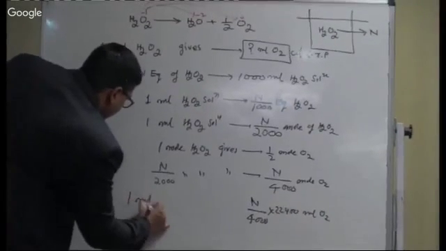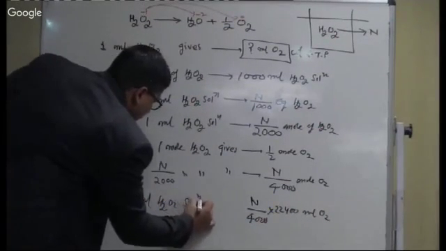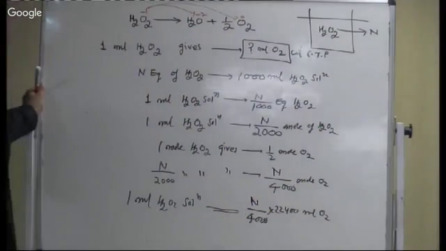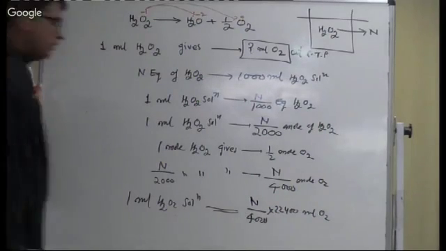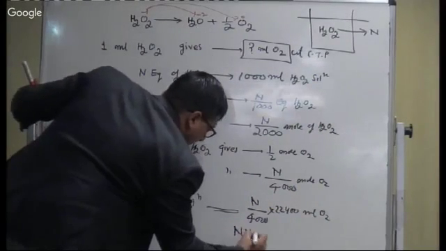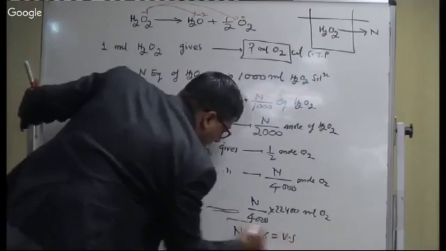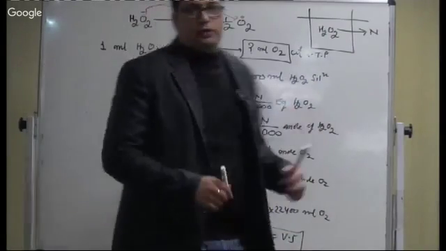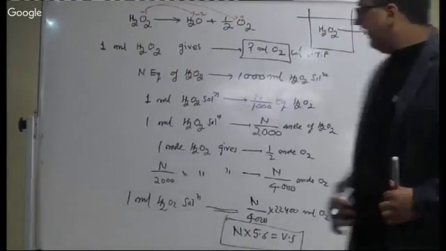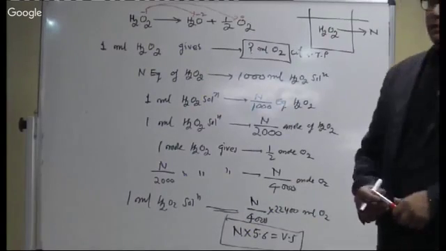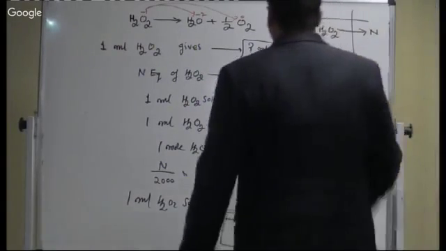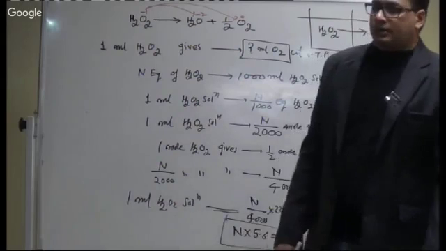So 1 ml H2O2 solution will give N by 4000 into 22400 ml oxygen. If you divide this, you will get N into 5.6, which is volume strength. So you can even calculate the volume strength in terms of normality, and the relation between molarity and volume strength.